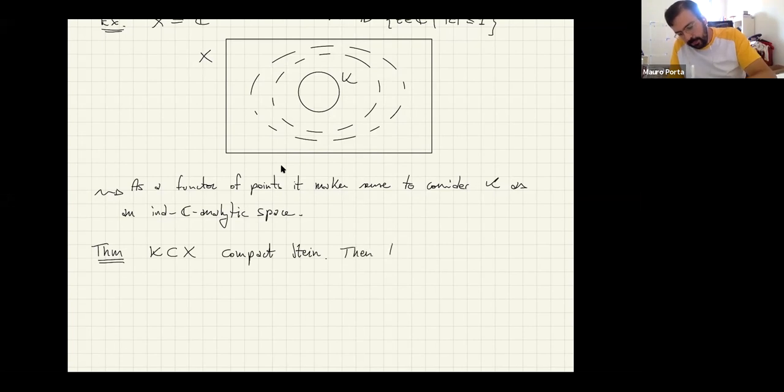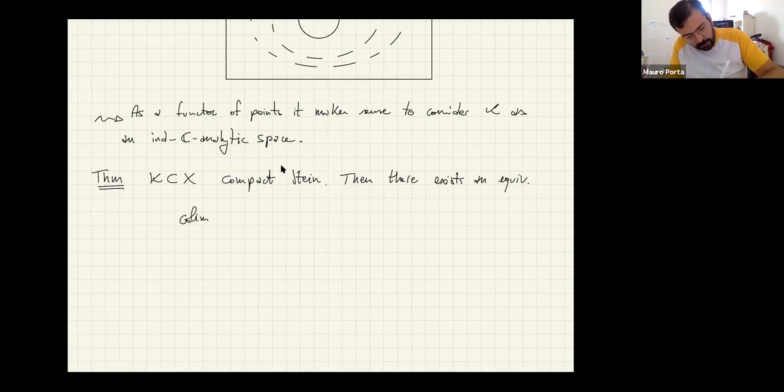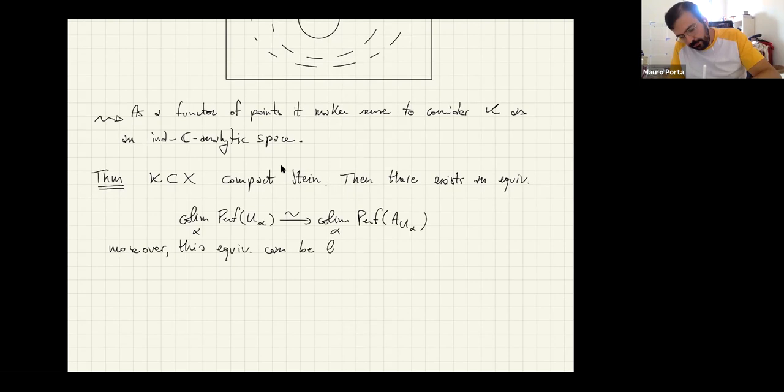Then there exists an equivalence between colimit of Perf on U_alpha and colimit of Perf of A(U_alpha), where alpha ranges over Stein neighborhoods of K, and moreover, this equivalence can be lifted to an equivalence between Ind objects.